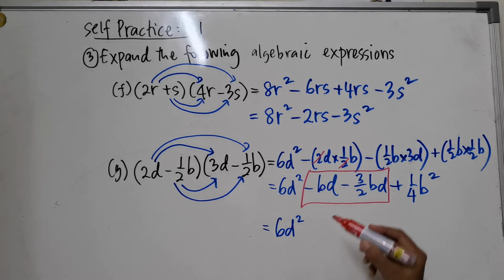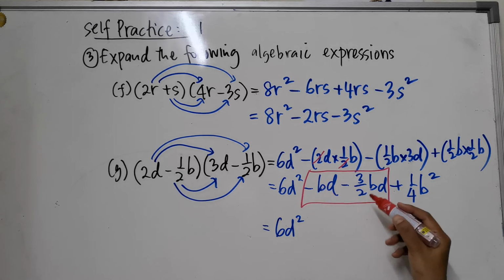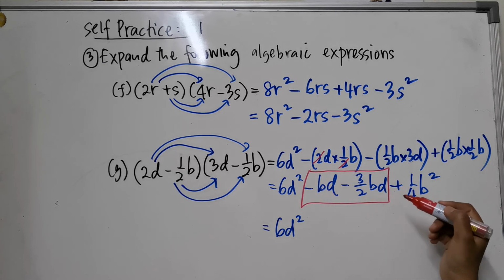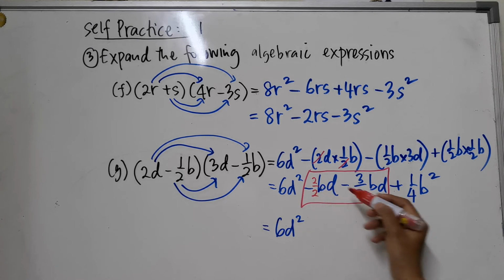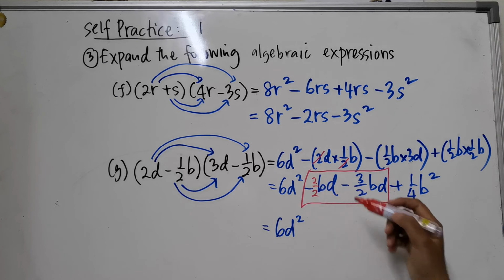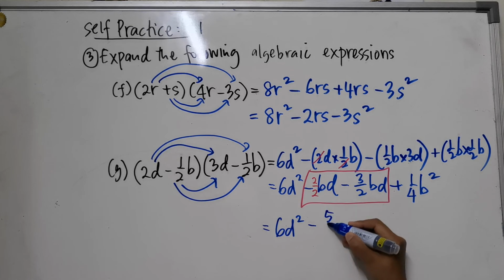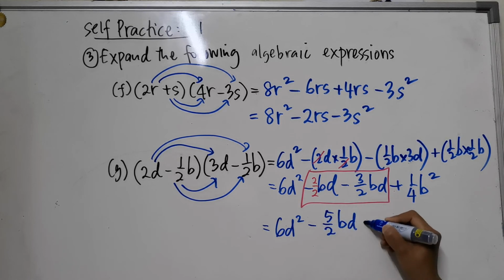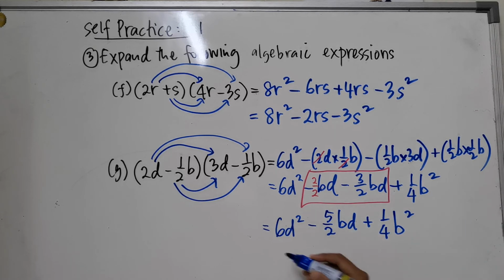This one is a fraction. This one is whole number 1. How do we minus or plus with the fraction? So we have to change this one into a fraction. The denominator must be the same, and then only you can minus or add. Negative 2 minus negative 3 is negative 5 over 2bd plus 1 over 4b square.